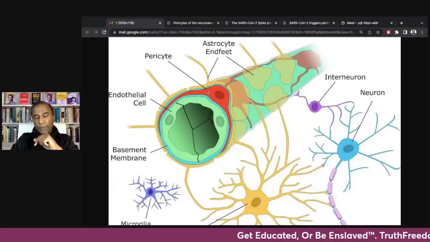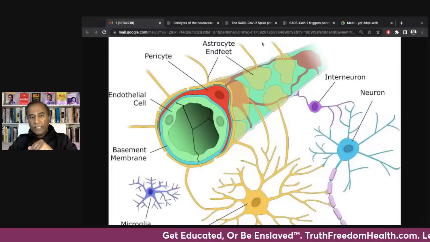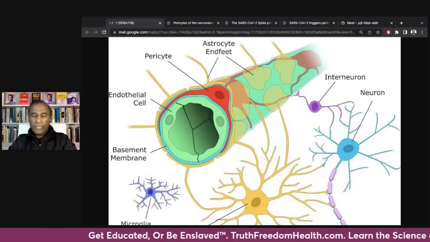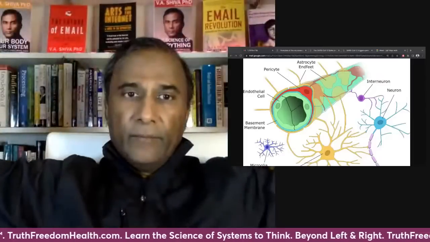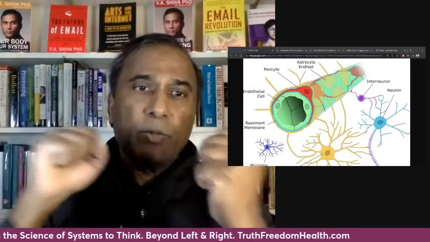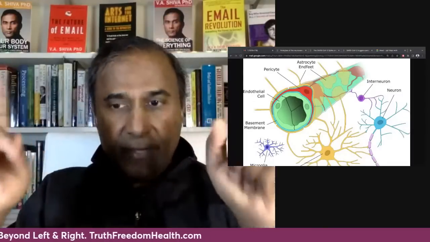In the case of the brain pericytes, the effect of the spike protein landing on the pericytes, because remember the spike protein can go anywhere, it literally will cause constriction as well as thrombosis, okay? Which is blood clotting, all right?